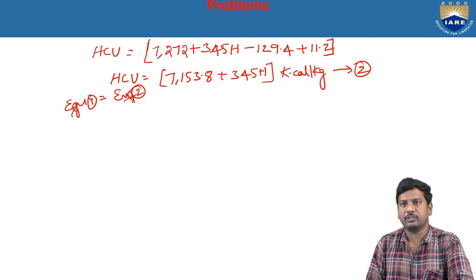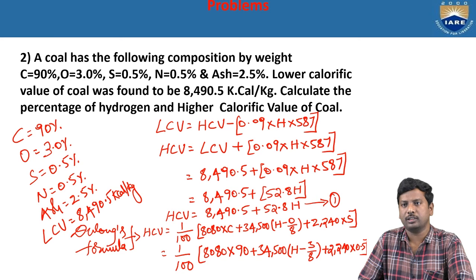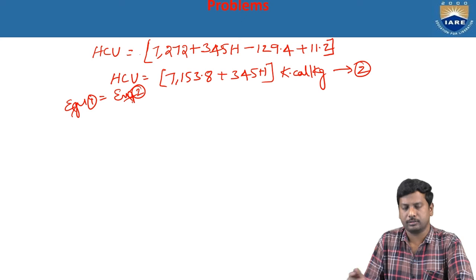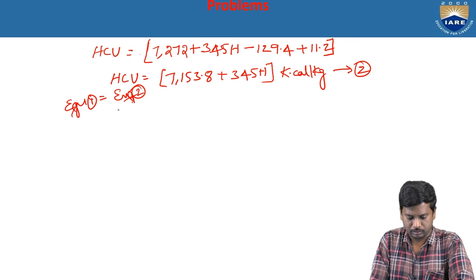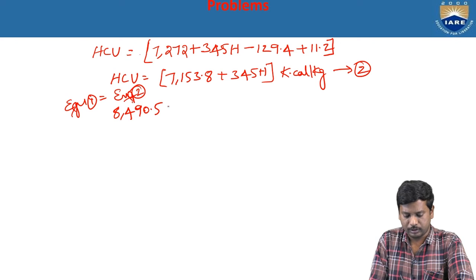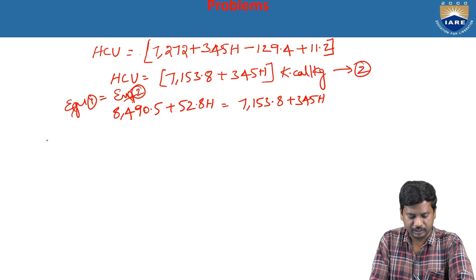What happens? 8490.5 plus 52.8 H is equal to 7153.8 plus 345 H.